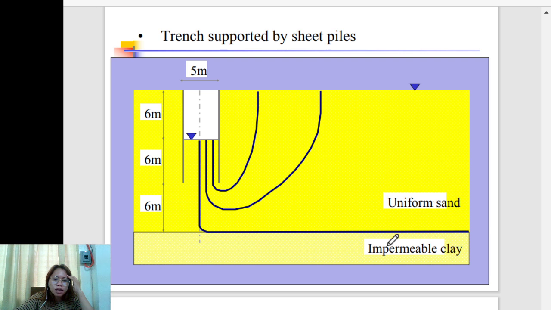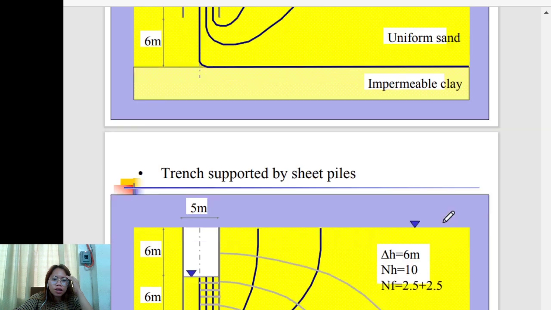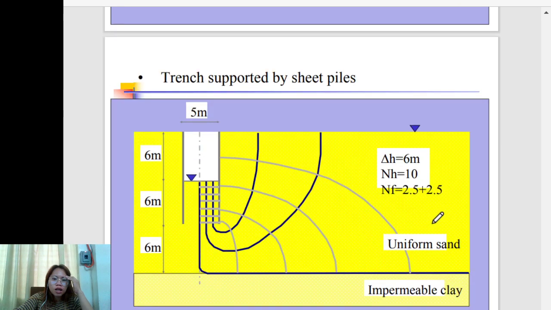This is a uniform sand in impermeable clay. So meaning, the water cannot pass through here. So that delta H, this is actually 6 meters because this is the inflow, then the trench.